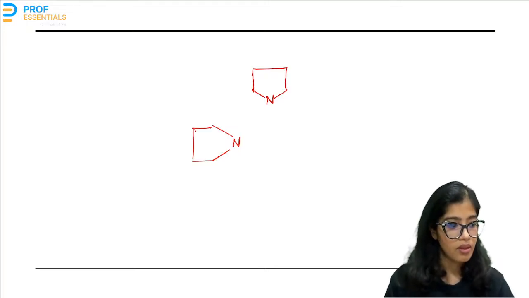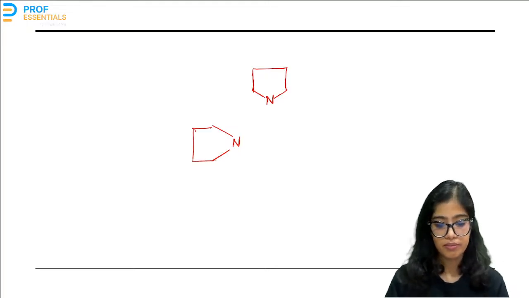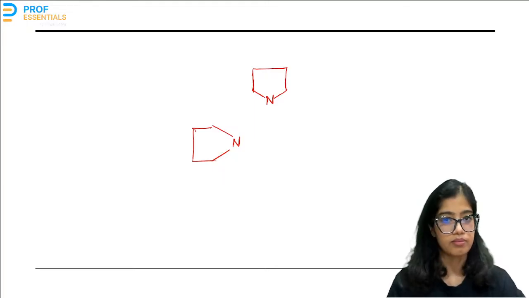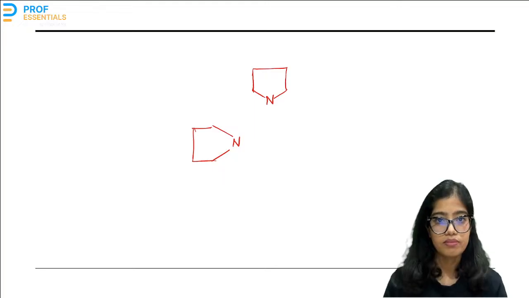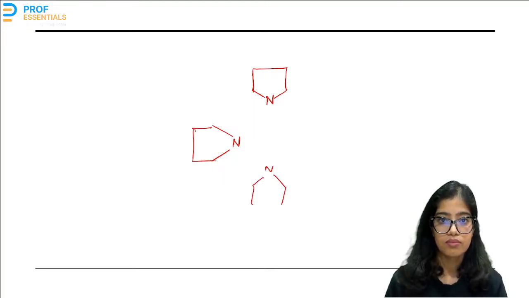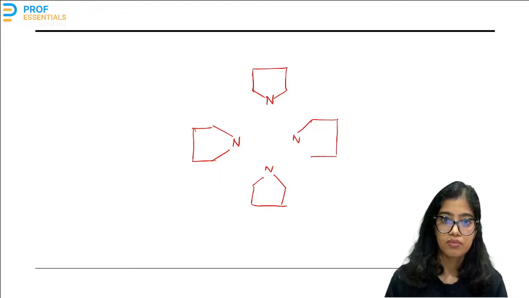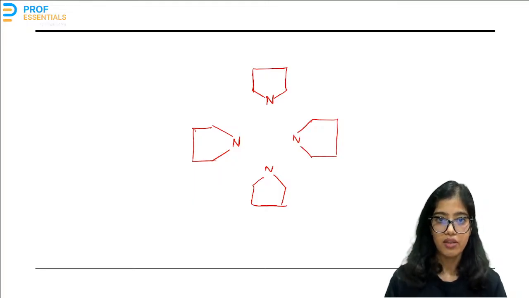Okay, understood. So this is one pyrrole, second, third, and fourth, tetrapyrrole arranged in a cyclic fashion.